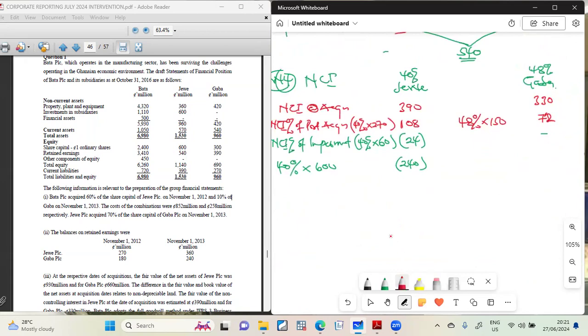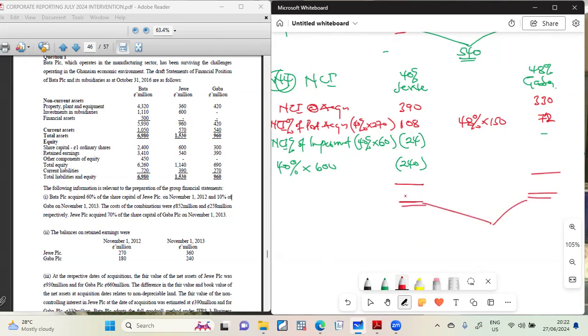So here we can total everything. That is our NCI. There is no post-acquisition revaluation for them to share, and there's no preference share designated non-controlling. So we are done. Let's total our NCI.